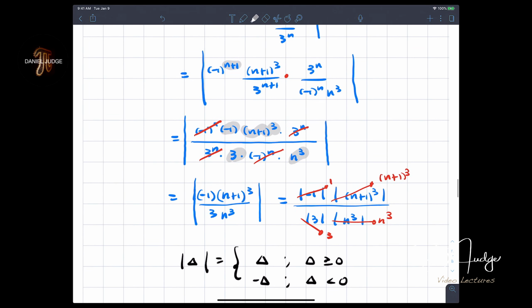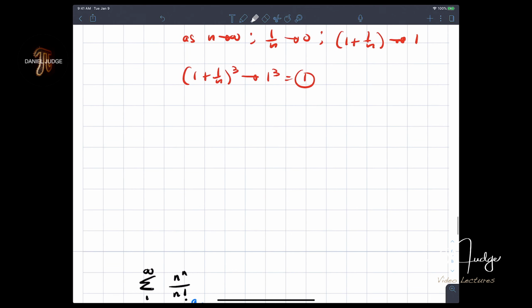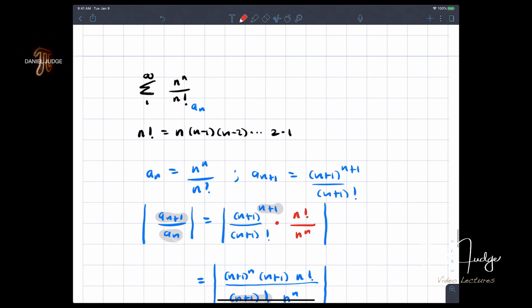So what you can say for this example is that this particular series diverges by the ratio test.